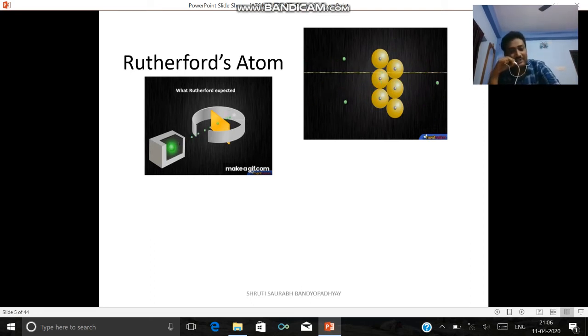Clearly, particles must have been scattered because there was some positively charged heavy mass inside atoms which repel the positive alpha particles.